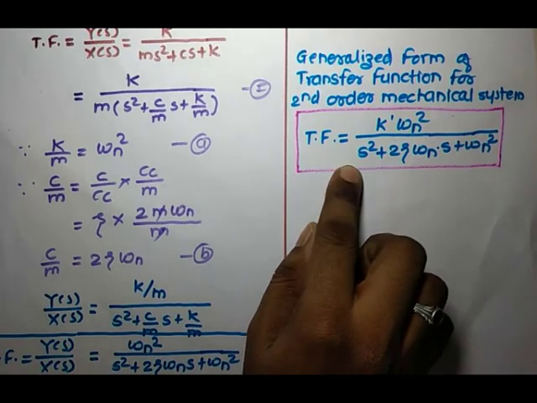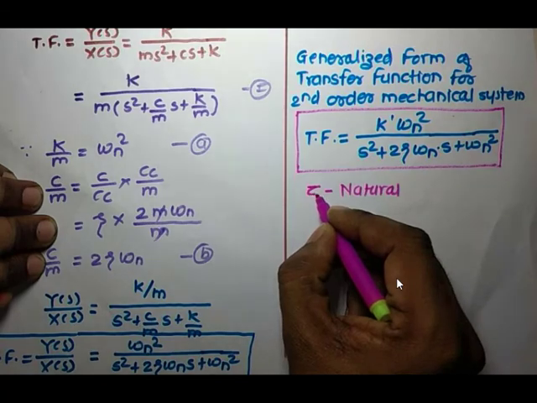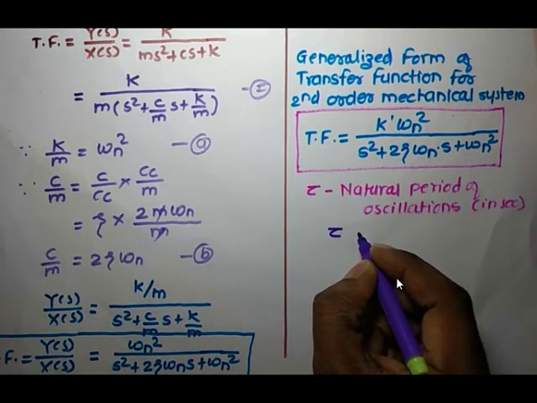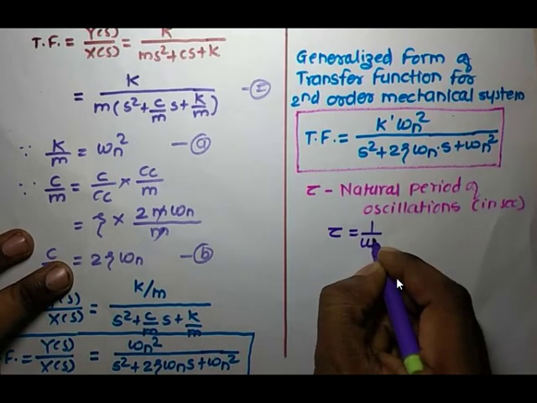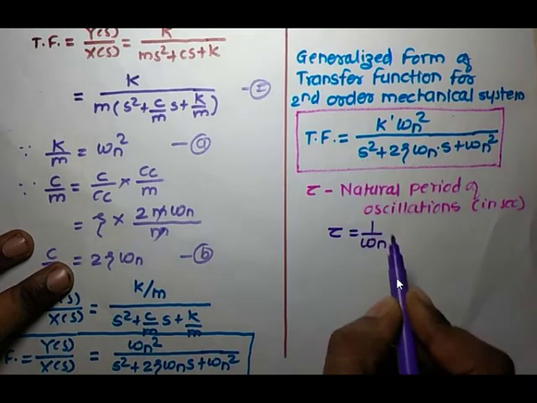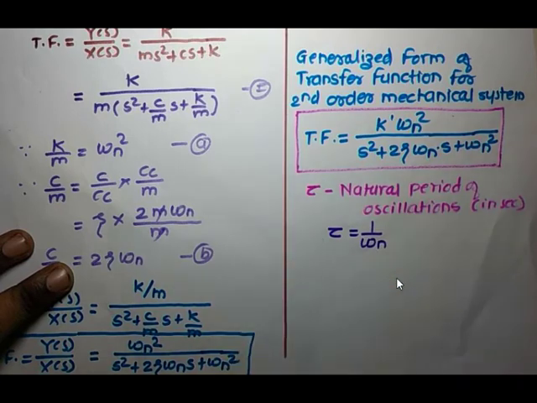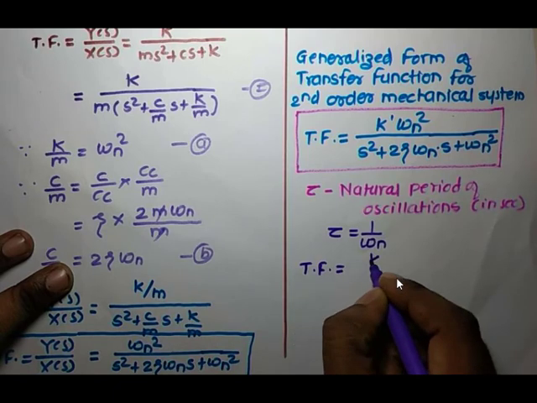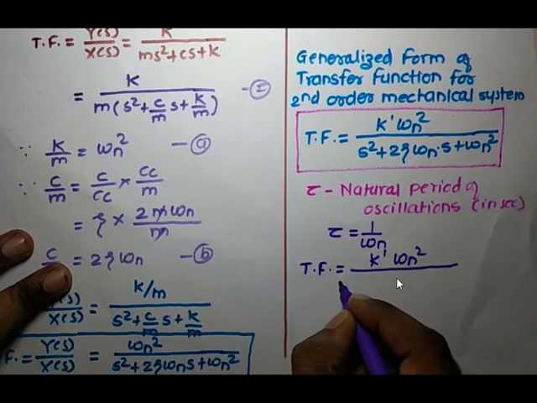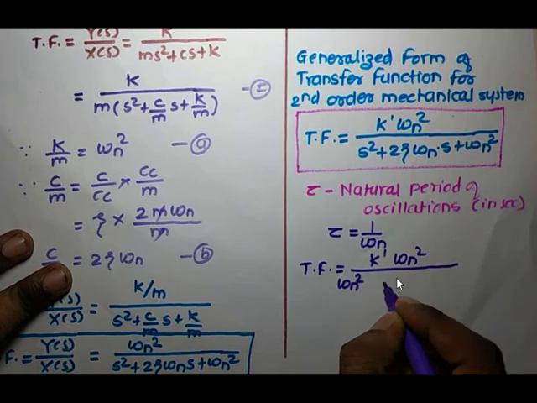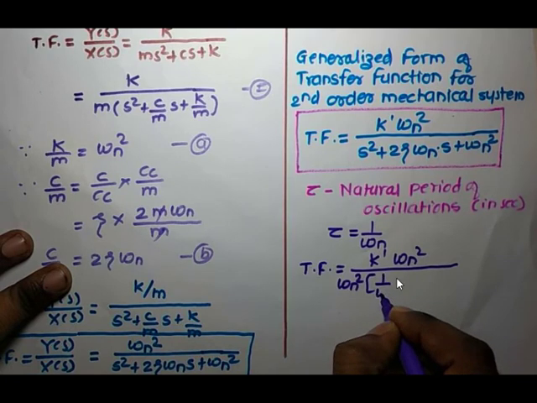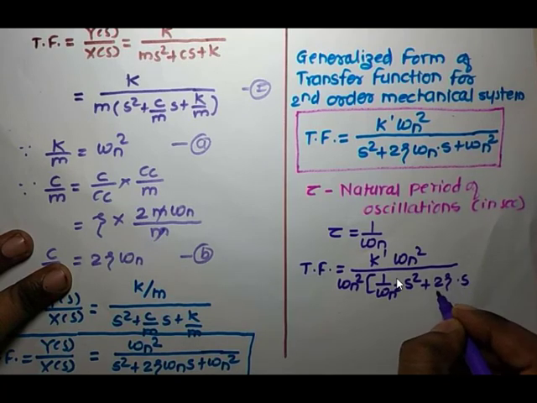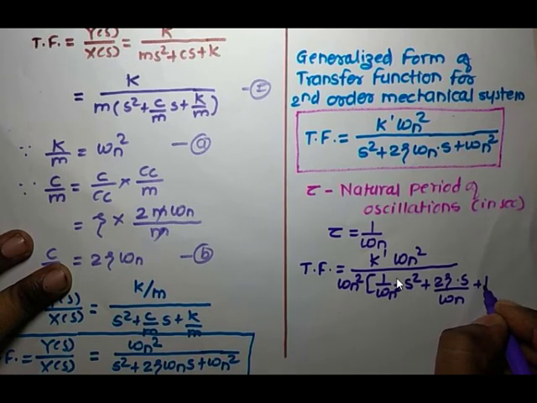So we can write this transfer function in terms of tau, which represents the natural period of oscillation in seconds, and the natural time period tau is equal to 1 upon omega n. So we'll rewrite this transfer function in terms of tau by taking omega n common from the characteristic equation denominator. So we have the transfer function equal to k dash omega n square over omega n square in a bracket, it is 1 upon omega n square into s square plus 2 zeta into s over omega n plus 1.